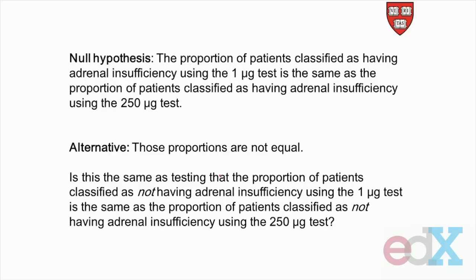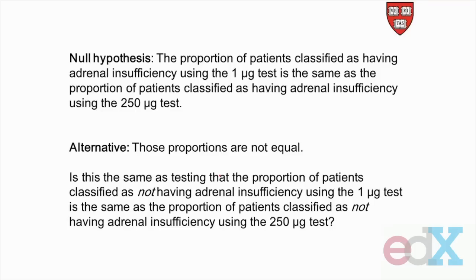Now, is this null hypothesis the same as testing that the proportion of patients classified as not having adrenal insufficiency using the 1 microgram test is the same as the proportion classified as not having adrenal insufficiency using the 250 microgram test? If you think about this for a second, the answer is yes, because if the proportion of patients classified as having the disease are the same, then there are only two categories patients could be classified in.